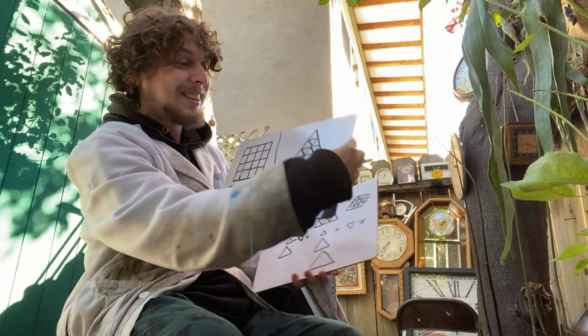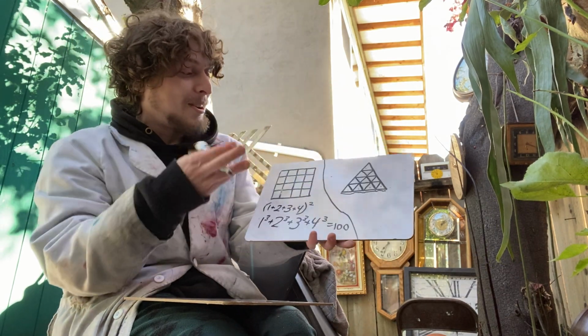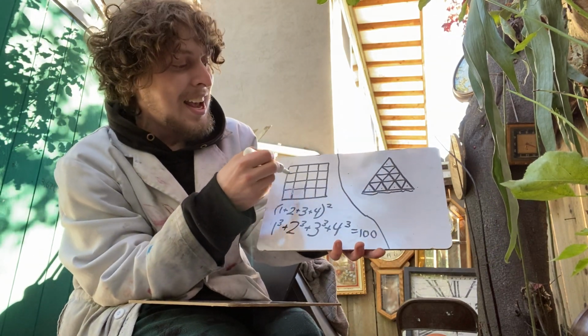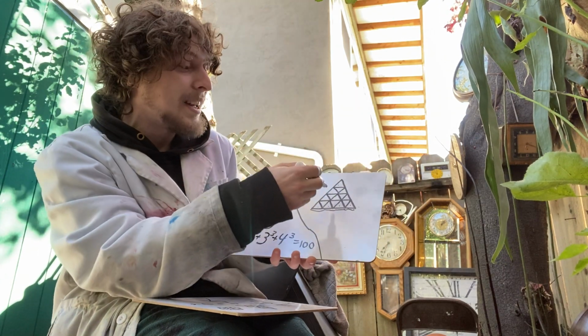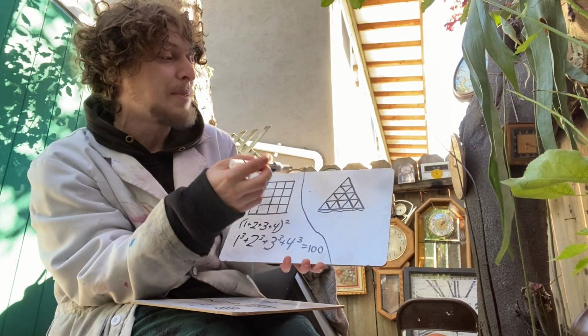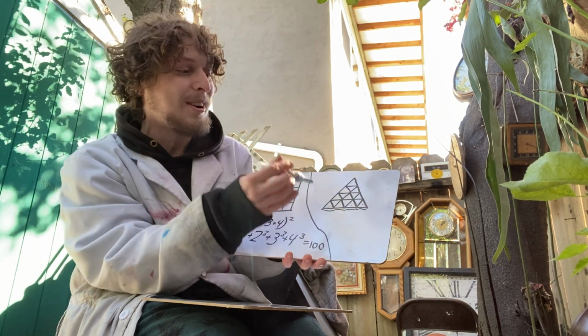So interestingly, there's the square number amount of minis in a square grid or a triangular grid. The triangular grid is very different geometrically, but it still packs in square numbers.